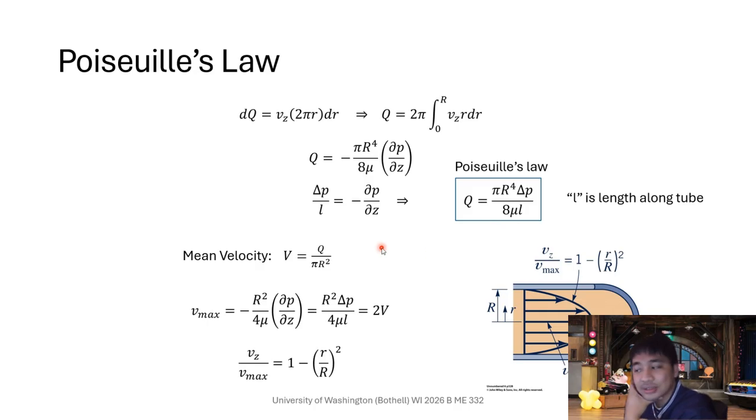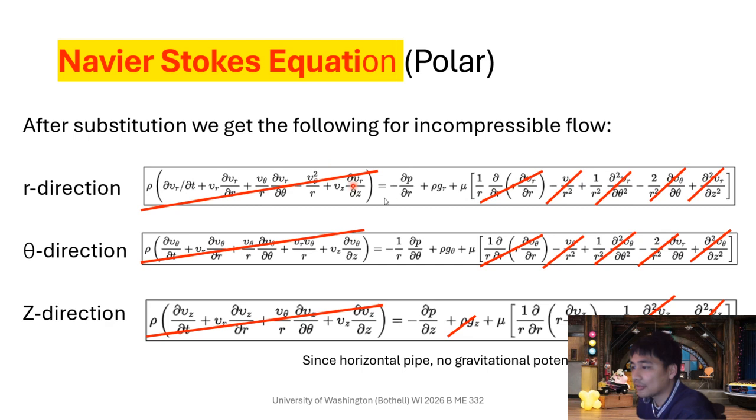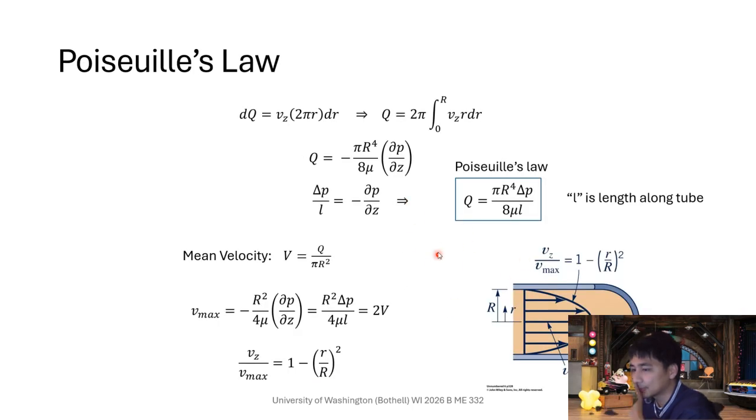And I guess also one of the big takeaways, since we got to this equation, was that this was derived from the Navier-Stokes equation. So this is a specific case of the Navier-Stokes equation that we got this answer for. Okay, and here we can also get a relationship with mean velocity.